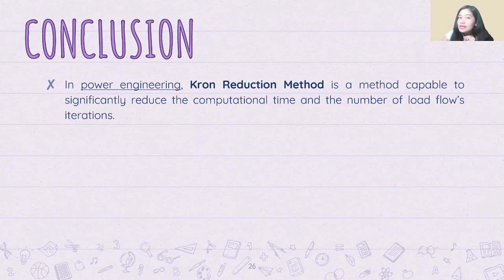But now, we saw that due to the Kron reduction method, it is easier for us since it gave us the capability to significantly reduce the computing time and the number of load flow iterations, the number of parts of the matrix, so that we could arrive at an answer quickly.